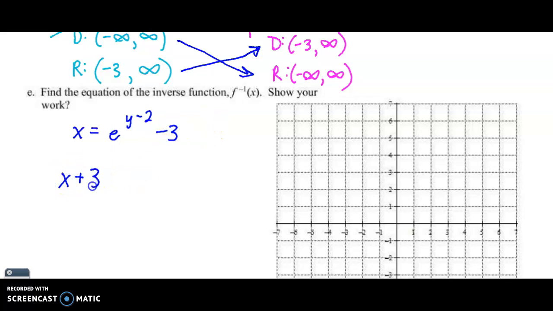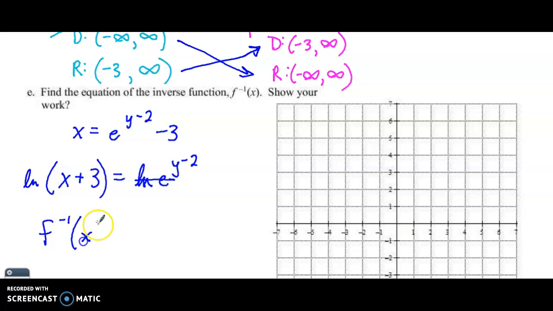That would be adding 3 to the left side. I like to give myself some space, so then I can natural log both sides. And then your last step would just be to add 2 over. And I like to write it as f inverse of x instead of y equals natural log of x plus 3. And I have to add 2 to the left side.